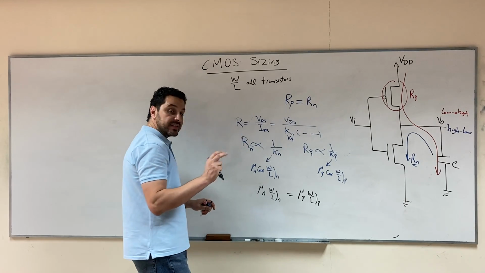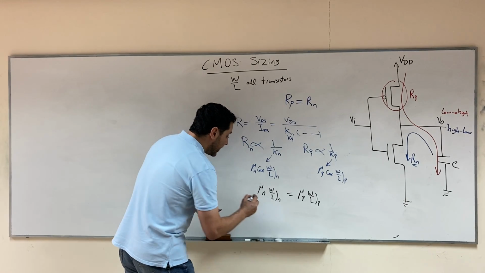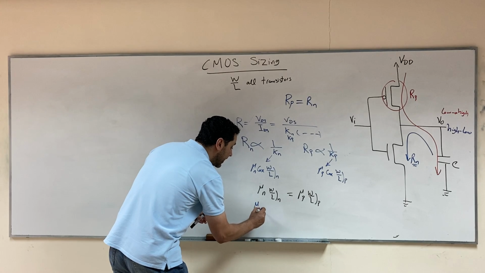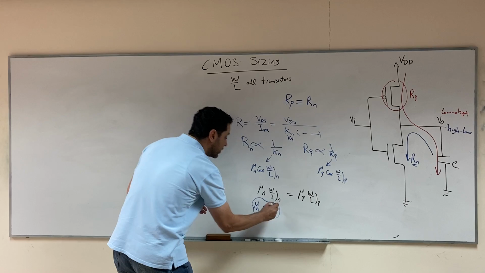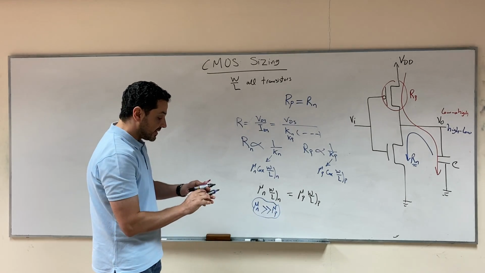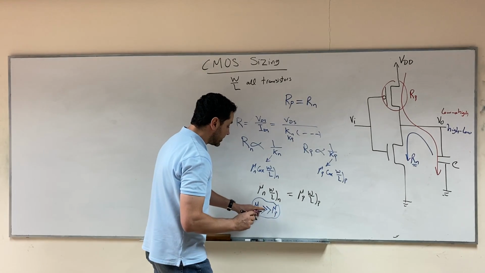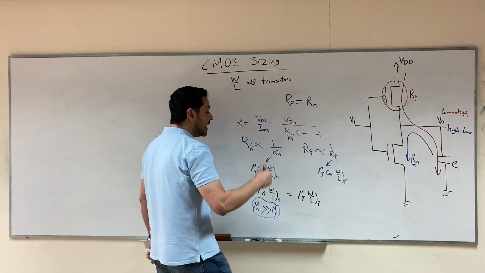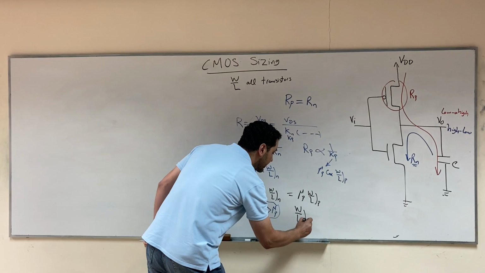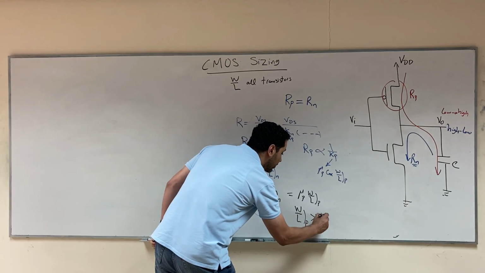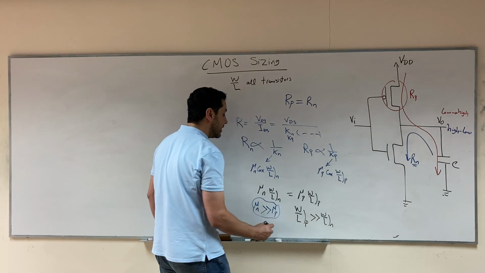But we know from physics that the mobility of the electrons is usually greater than the mobility of the holes. This tells us that you always expect W over L of the PMOS to be greater than W over L of the NMOS.